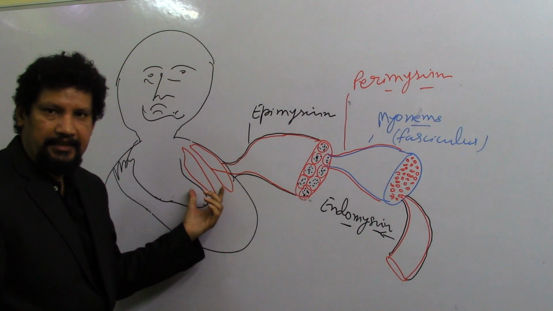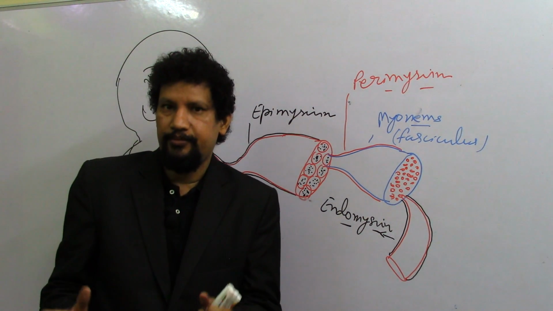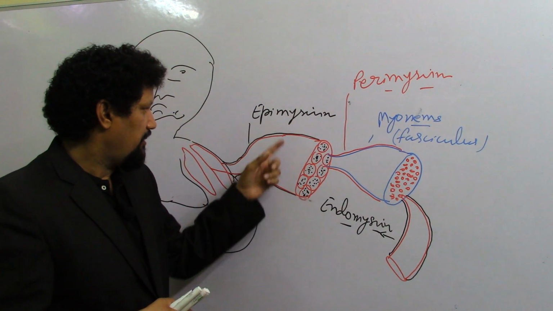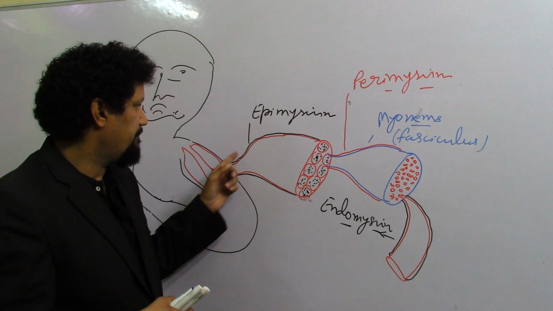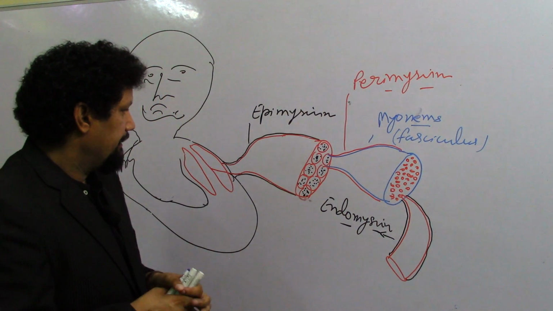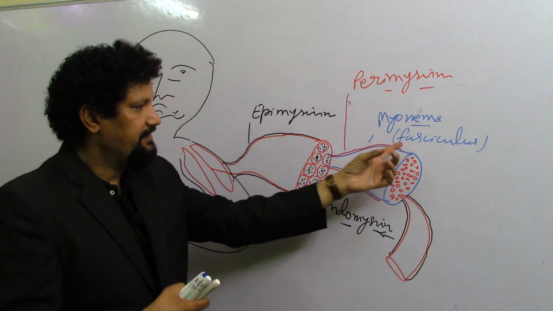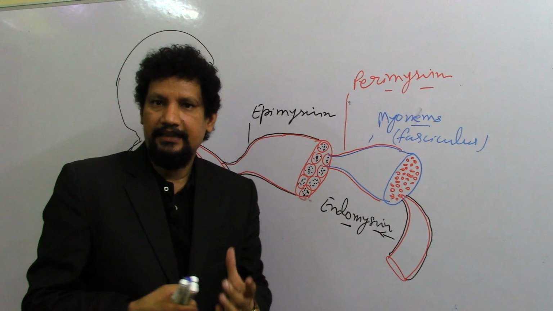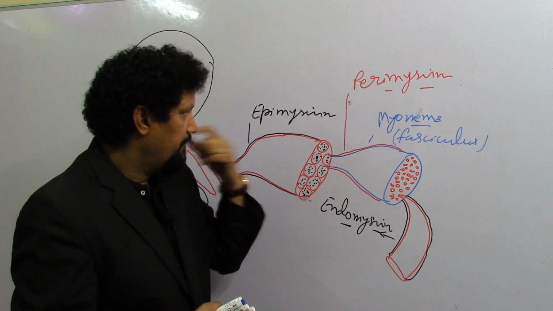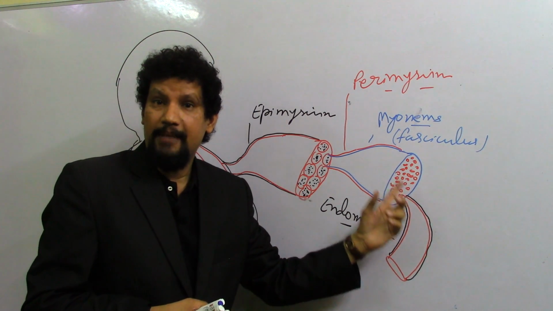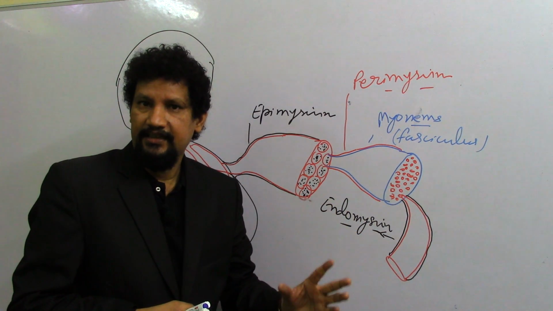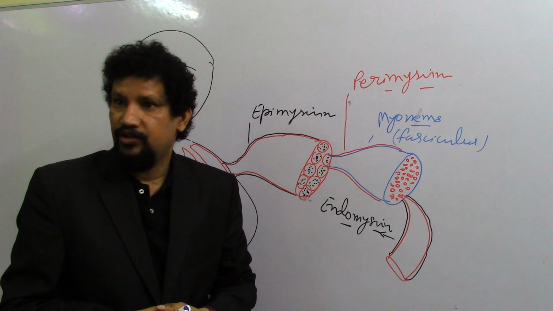listen again. The muscle is made up of collection of many bundles or fasciculi or myonemes, which are covered by a thick, tough fibrous sheath known as epimysium, and this muscle is having many fasciculi or myonemes, which are formed by collection of many muscle fibers or myocytes or muscle cells, which are covered by this perimysium, and a single muscle fiber is covered by a thin delicate layer of connective tissue known as endomysium.